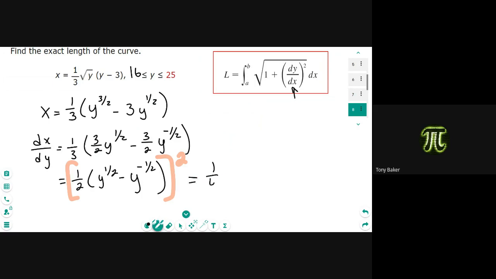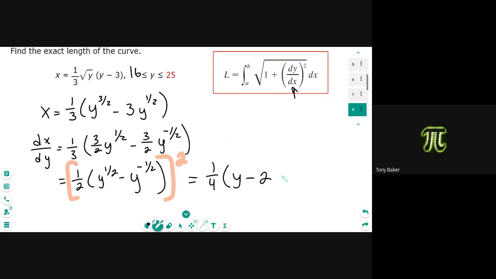So I got 1/4 y, minus 2. Do you know where I got the minus 2 from?